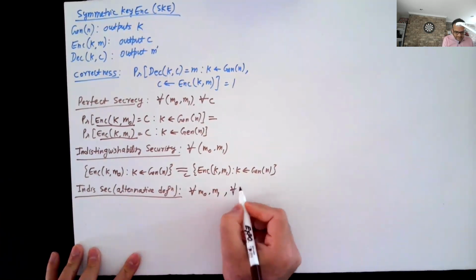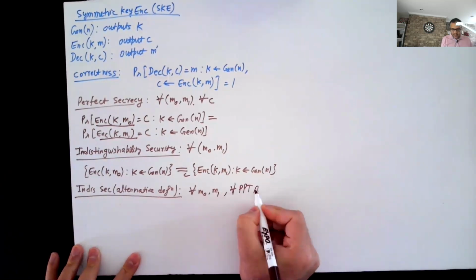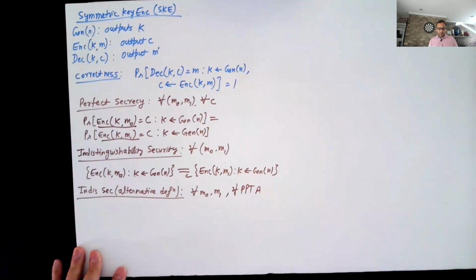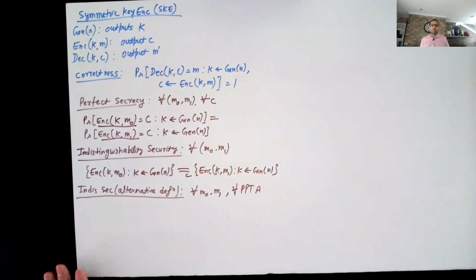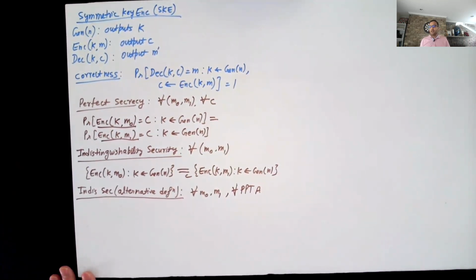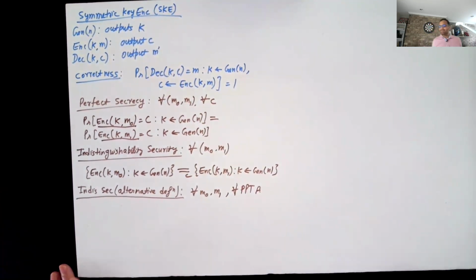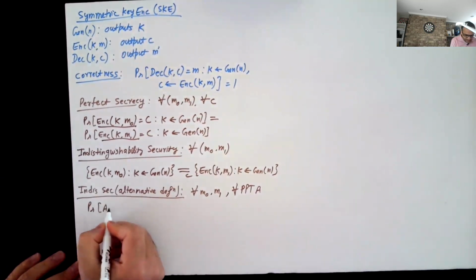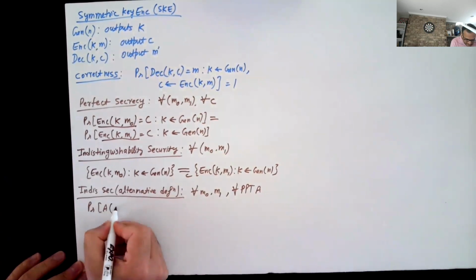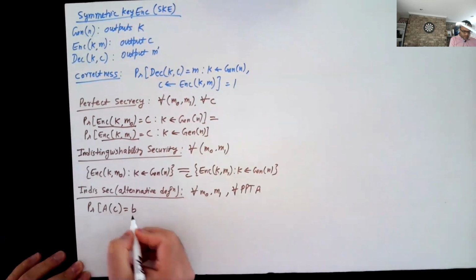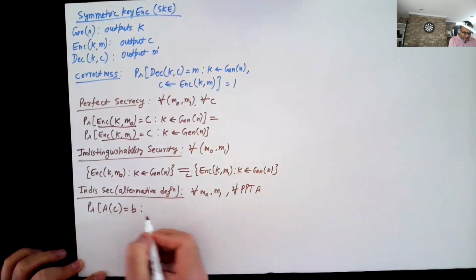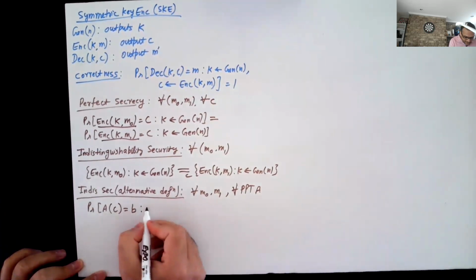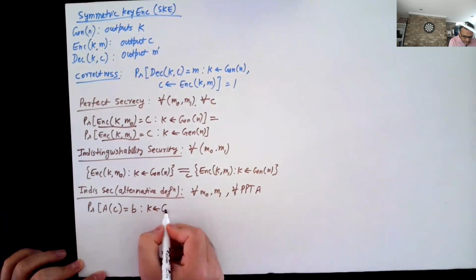So here what we need is, again, for every M0 and M1, for every PPT adversary A, we will choose one of these two messages at random, and we will ask the adversary to predict which one we chose. An adversary should not be able to succeed with probability noticeably more than half. Okay, so probability that the adversary gets the ciphertext C and is able to output a guess for the bit B such that the key is generated properly.